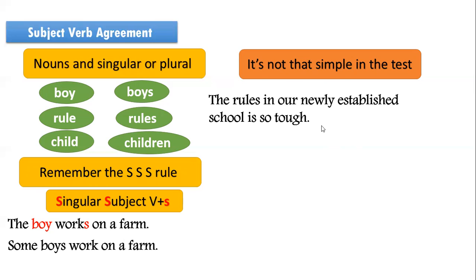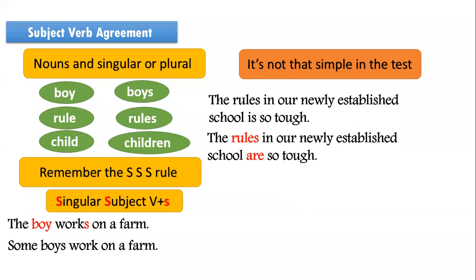Yeah, it's supposed to be are. Are so tough. Yes, very good. Because the subject here is the word rules. So rules is the subject, not school. So for you to pick the right form of the verb, you need to make sure of the subject. Which word exactly is the subject?